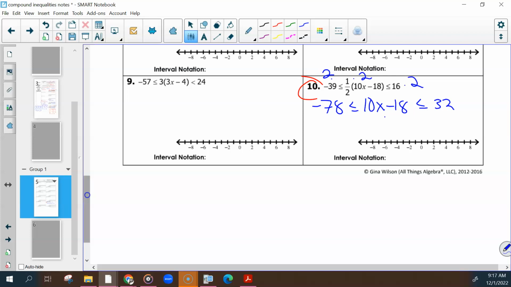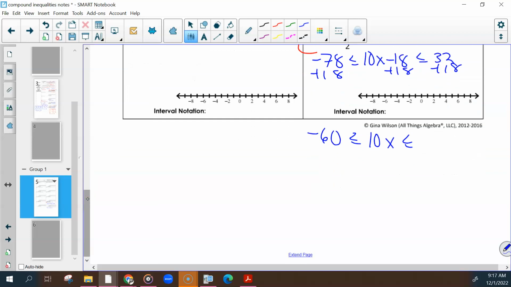Add 18 to both sides. We have -60 is less than or equal to 10x, which is less than or equal to... Someone tell me what it is. 50? I think it's 50, but someone double check that. Plus 18.